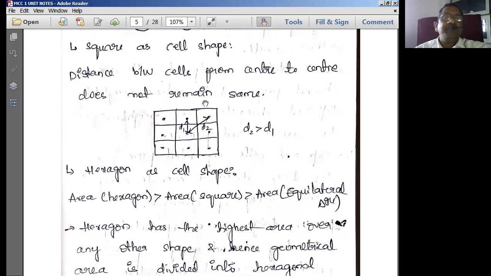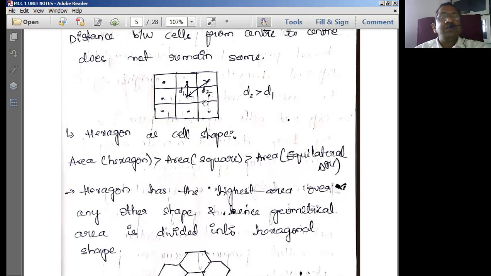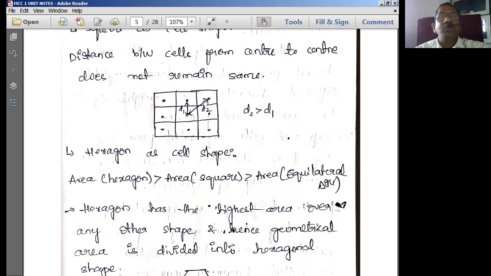So the next shape is a rectangular shape. If you think about rectangles, they are all placed apart. When they are placed apart, if you see the distance between the center of one cell site and the center of the other cell site, say D1 and D2, D1 and D2 are not equal.